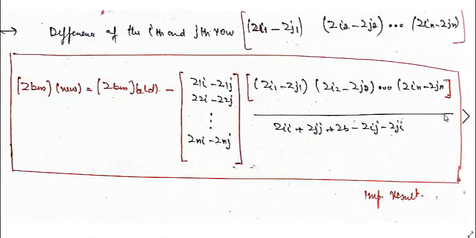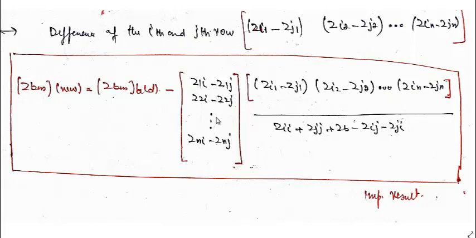So finally, we have the difference of the ith and the jth row like this, and Znew will be equal to Zold minus this. Actually, the division should have been here, but since there was not much space, I have written it over here. You should understand this should be divided after multiplying the difference of these rows and the difference of these columns.